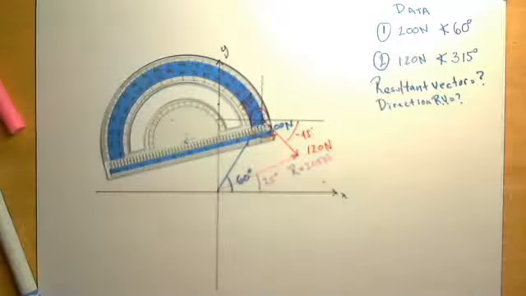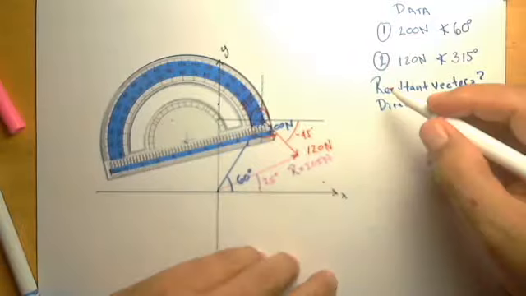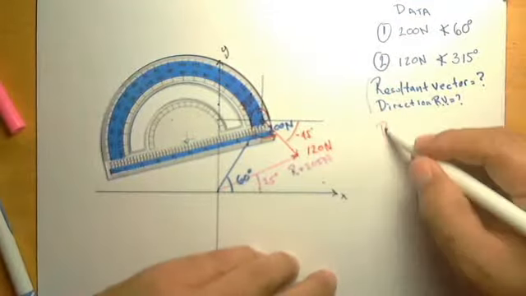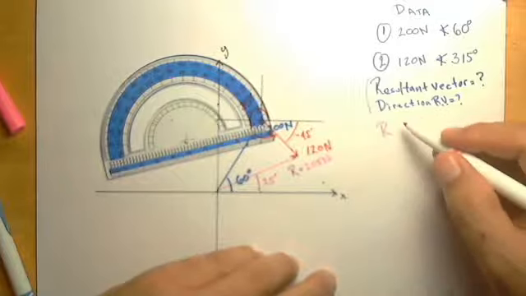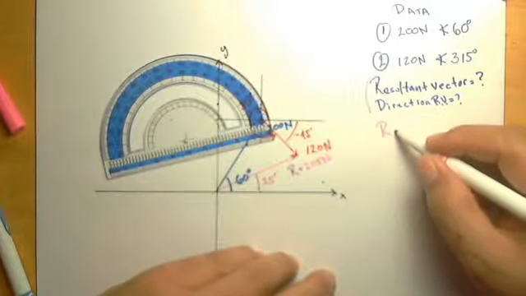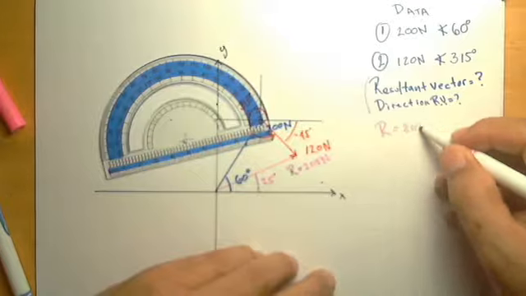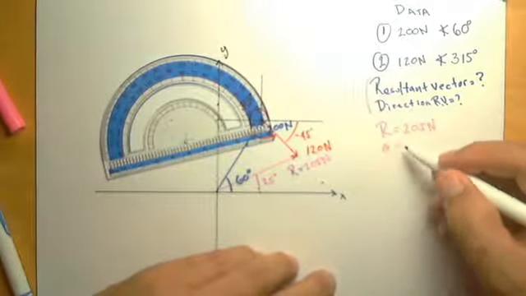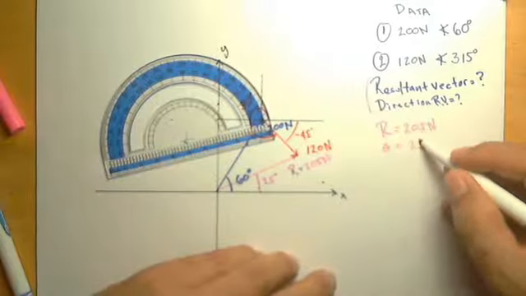So basically, the resultant force, this one will be the resultant vector. In this case, it's a force because it's in newtons. Resultant force, or R, is going to be equal to 205 newtons, and my angle is going to be 25 degrees.